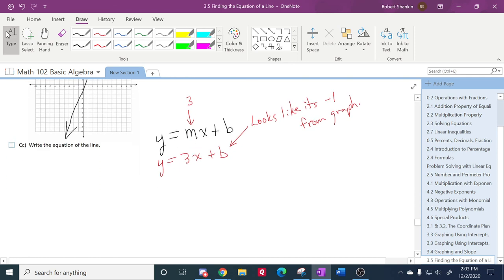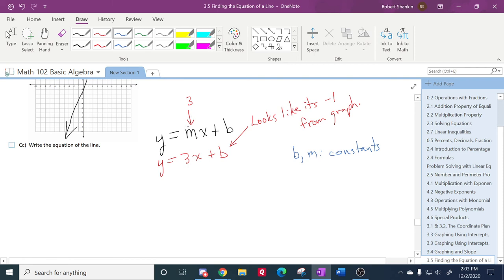And so this looks like it has 3 unknown letters. I don't know what y is, what x is, or what b is. But b and m are very different from x and y. B and m are what we call constants. Once we find them out, they never change. So for this problem, m is always 3.